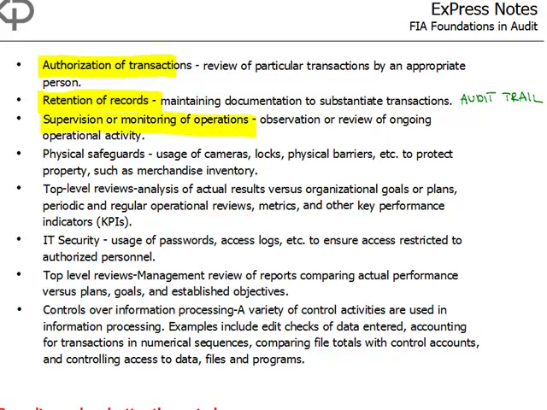Monitoring of operations, again a very important part of internal control systems. Auditors like when managers review the operations of the company on a continuous basis. Let's say they get monthly performance reports, because then the auditors have comfort that if something is posted in the wrong way or there are some significant differences, departures from trends, the managers would be able to spot it within a month.